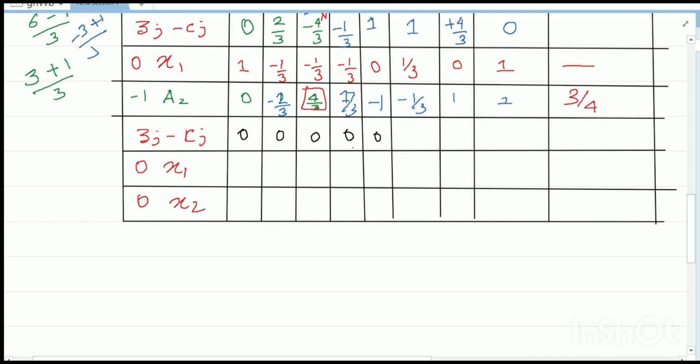So 5 zeros we get, and here we get 1 1 0. Same method. Here I am doing 0 and minus half. This is 1, and this is 1 by 4, 1 by 4 minus 3 by 4, and this is minus 1 by 4.